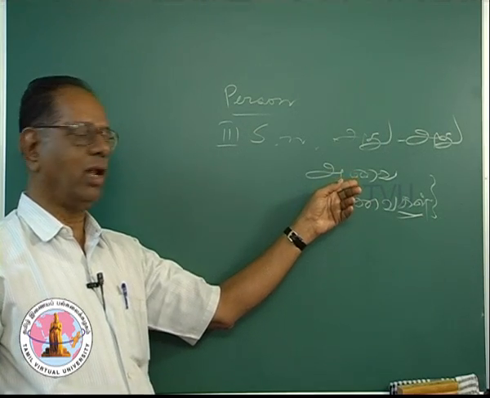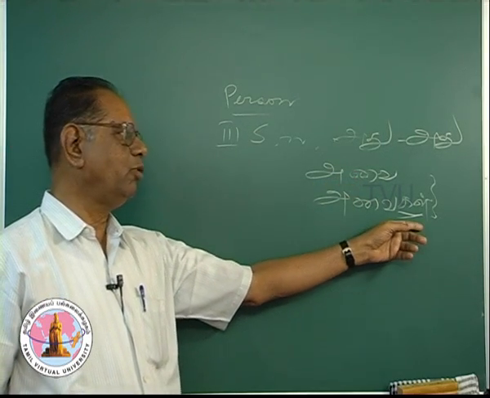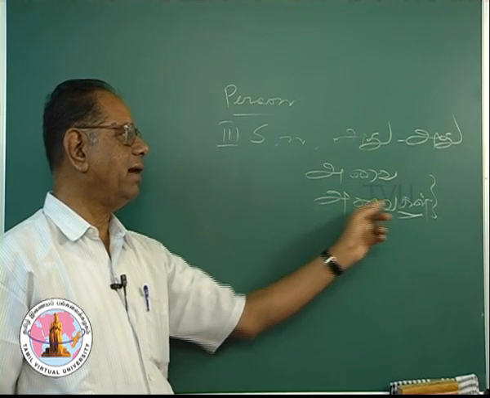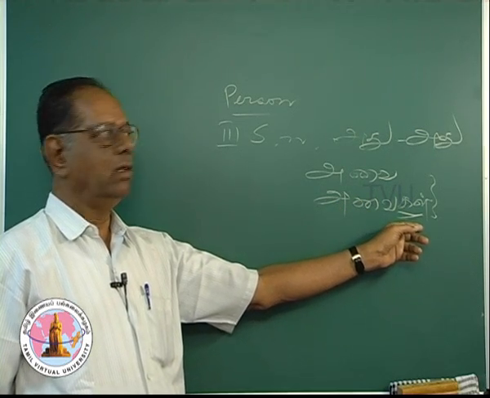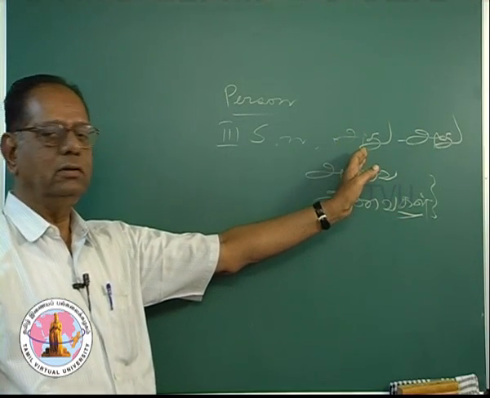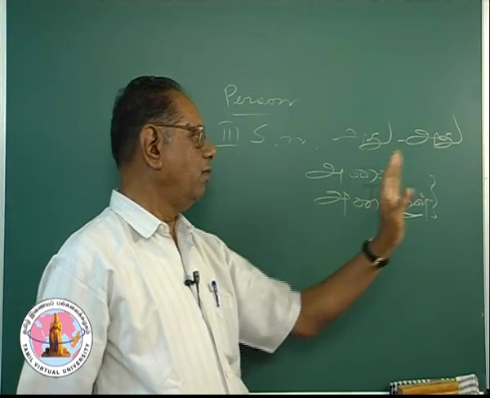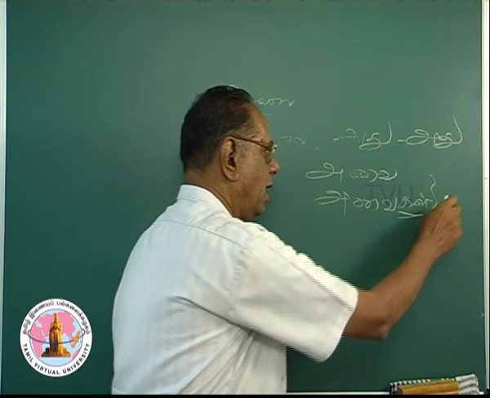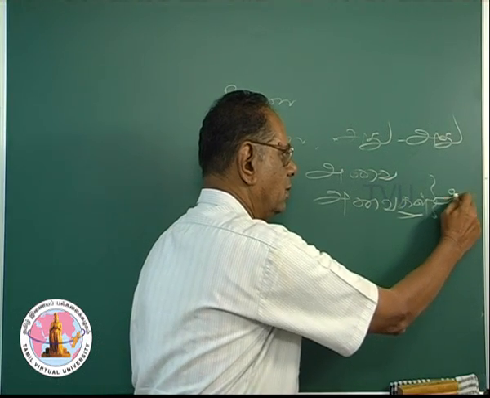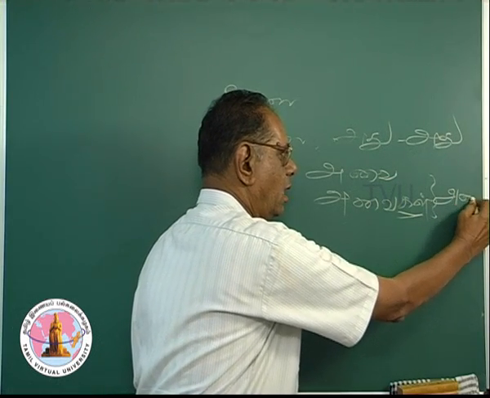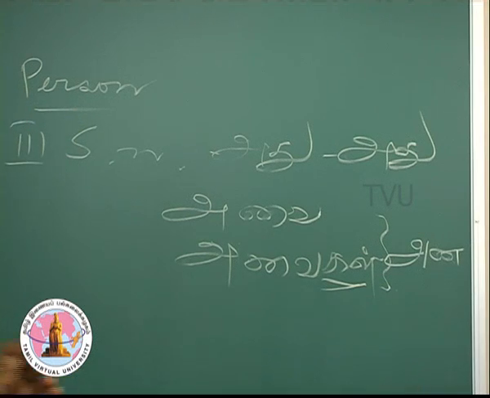Avai itself is a plural, and you add the plural suffix and make it avaigal. So, for singular adu, the personal suffix was adu. For plural, it will be ana.